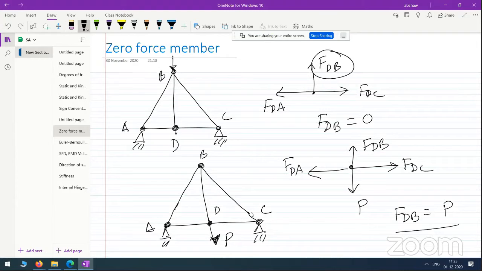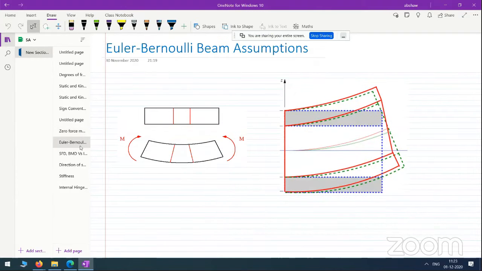Now let us take another question. This is a very important assumption of Euler-Bernoulli beam. There are many assumptions, but one of the important assumptions, and I have seen that students make a common mistake. There are two parts to it.